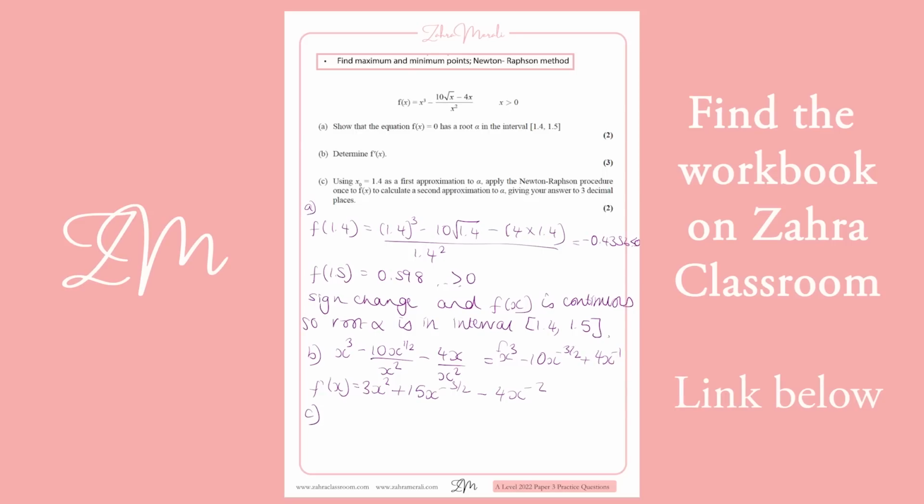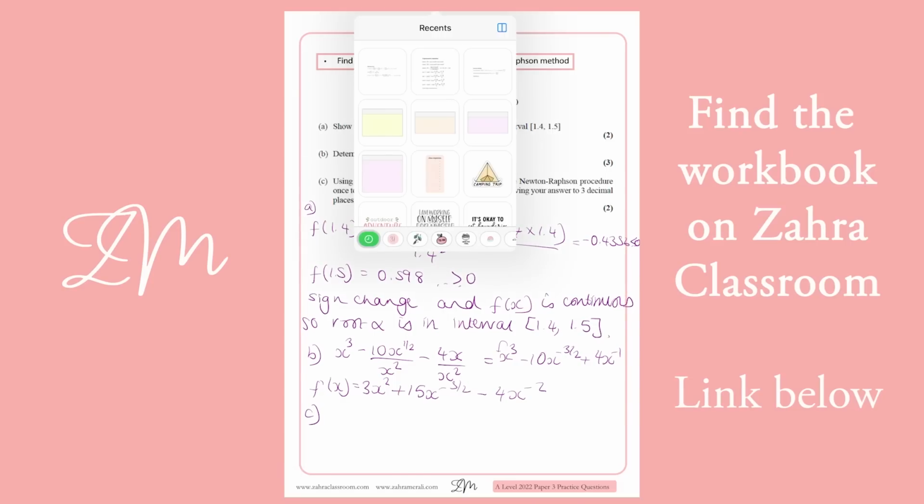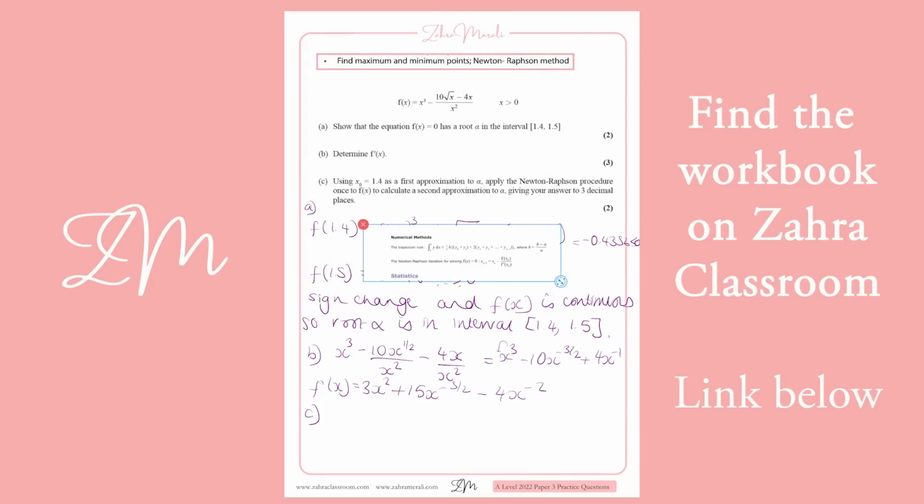Part C, we're going to use Newton-Raphson's method, which is in our formula book. So in your formula book, hopefully I've got a copy of it here, if not I'll just write it out for you. So in your formula book you get given, numerical methods, yes we go.